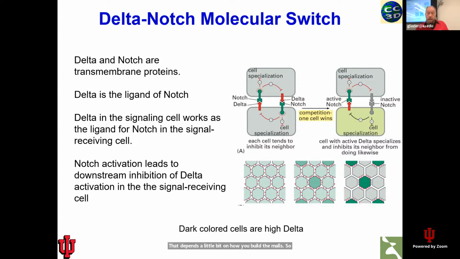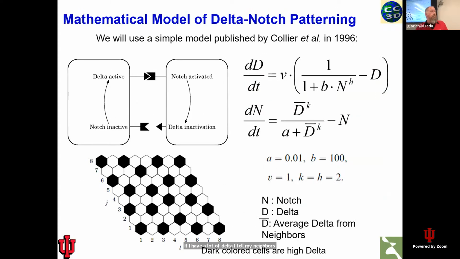So this is a contact inhibition mechanism. If I have a lot of delta, I tell my neighbors to have low delta. There's a very simple model of this due to Collier. Can you say that again? If I have a high level of delta in my cell, I tell my neighboring cells, I want you to have a low level of delta.